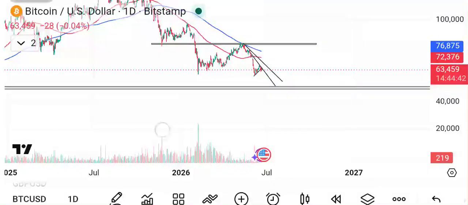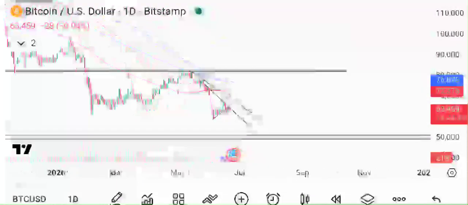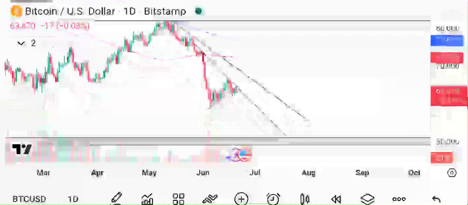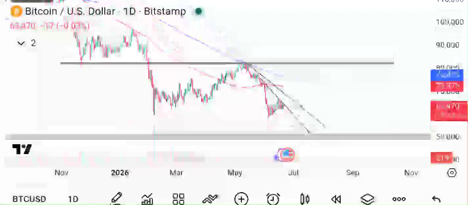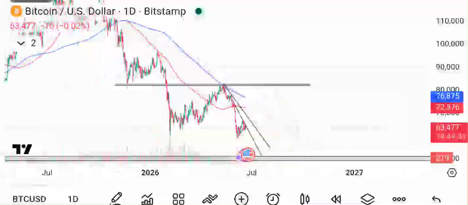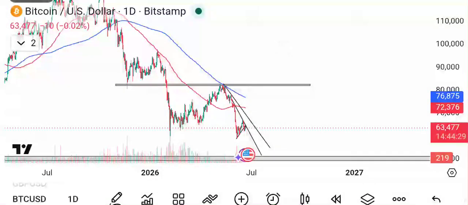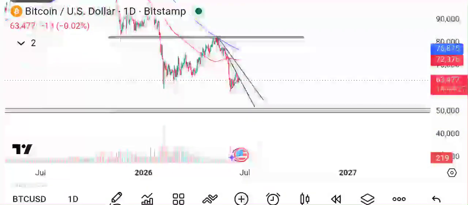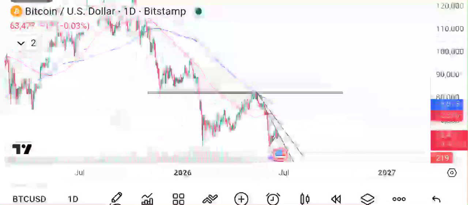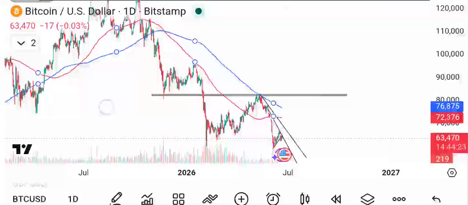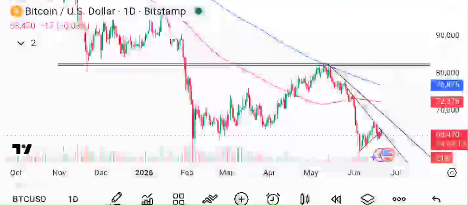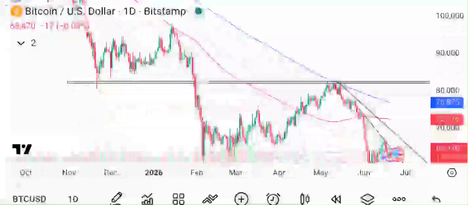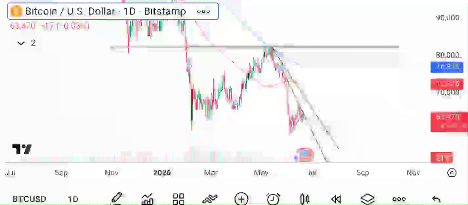Alright, then let's go now to this immediate point where we have the price. As you can see, after this massive drop, before we got this lower low, from this lower high here, there was a massive drop down to this low. From this lower high to the lower low, you can see the selling was rapid.